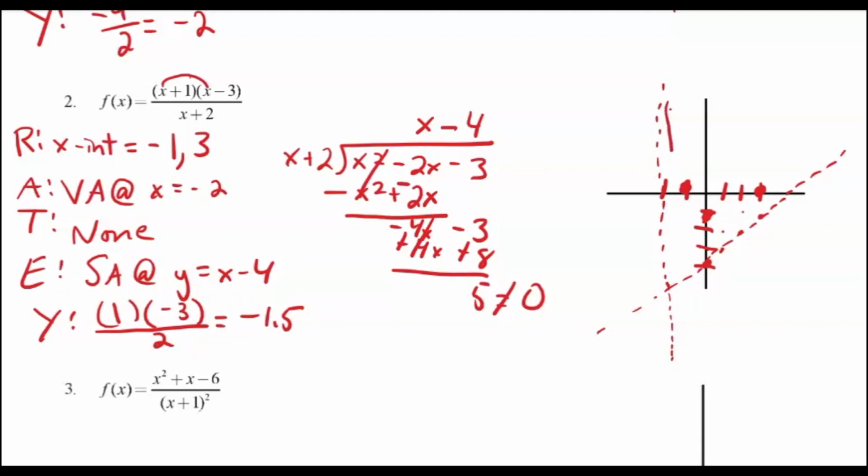It's coming down, hits that point, hits the y-intercept, then goes back up and approaches this slant asymptote. I know it can't touch the vertical asymptote, and I know it can't touch the slant asymptote because we just saw that it did not intersect it anywhere.